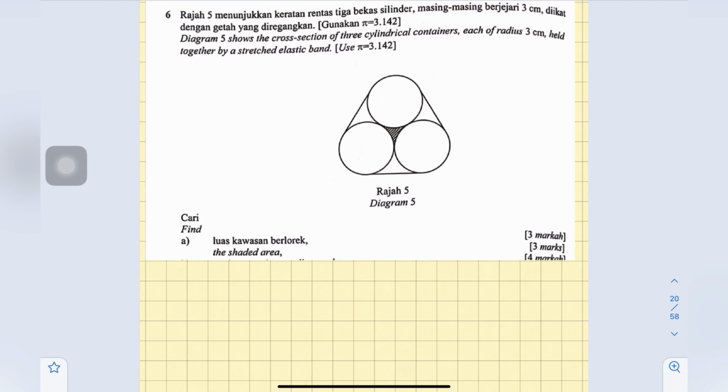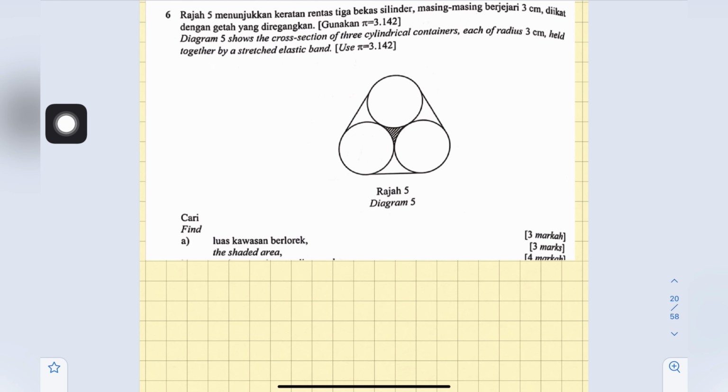Number 6. Diagram 5 shows the cross-section of 3 cylindrical containers, each of radius 3 cm, held together by a stretched elastic band. Use pi equals 3.142. Find the shaded area. Okay, so given the radius is 3 cm, our focus is the shaded region.